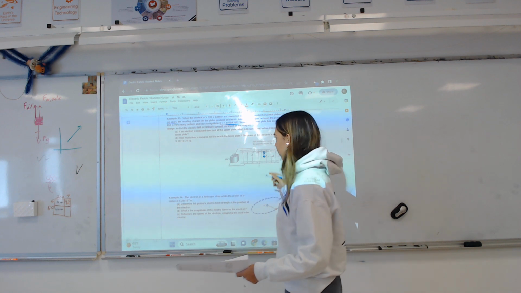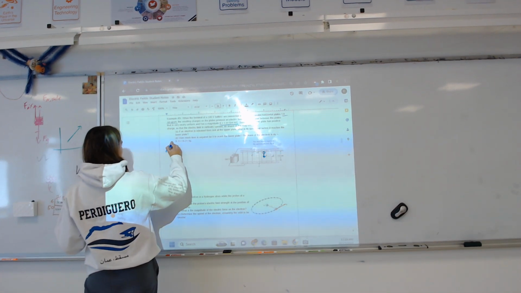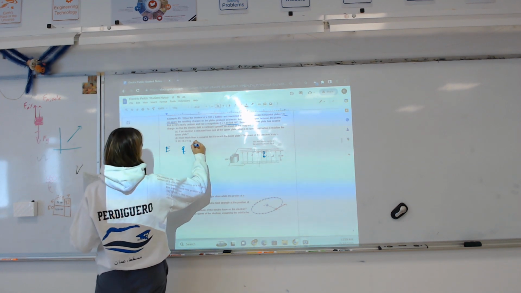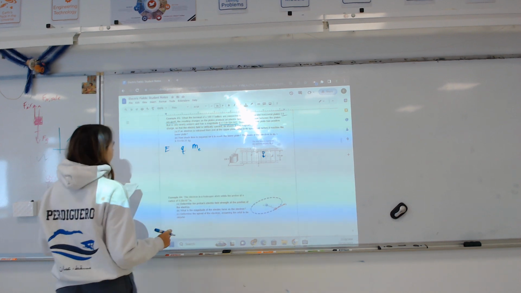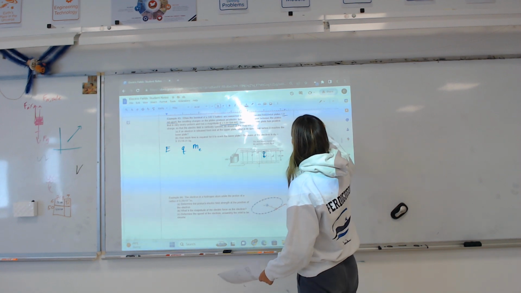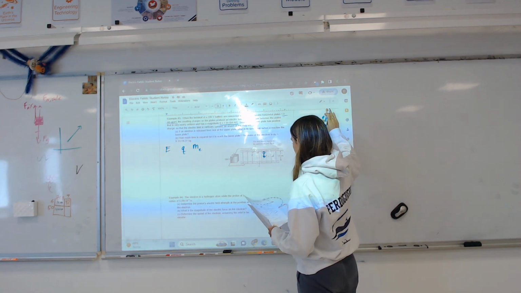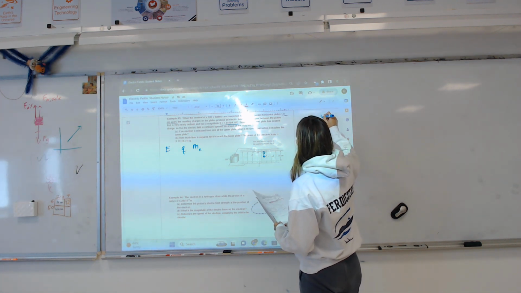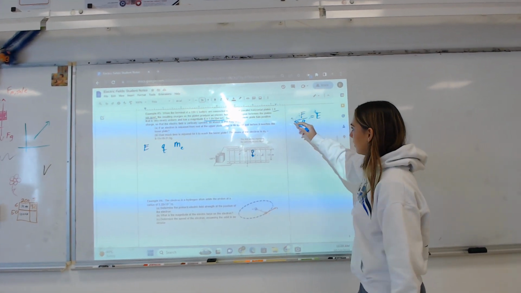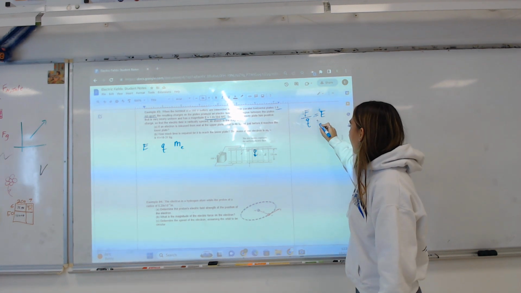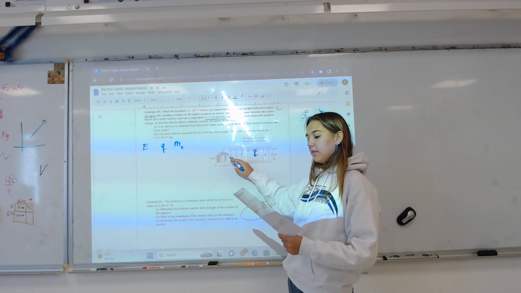So basically, the information that we have is E. We also have Q, which is on the equation sheet, and we have the mass of the electron. So with that, because we know that F over Q is equal to E, we can take E, which is 1 times 10 to the 4th, and multiply by Q, which is 1.6 times 10 to the negative 19.